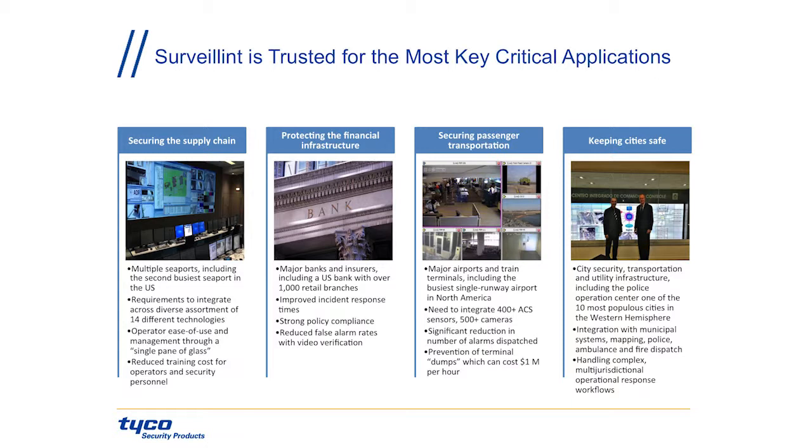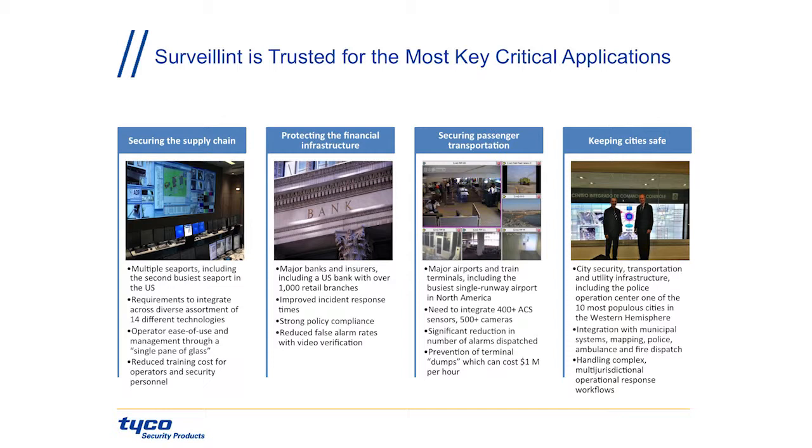So the challenge here, if you've ever been to an airport and looked up, you'll see literally hundreds and hundreds of cameras all over the place. In this case, this particular customer had over 400 access control system points and over 500 cameras. Proximex Surveilint was used to successfully integrate all of this, again, through a single operator interface.